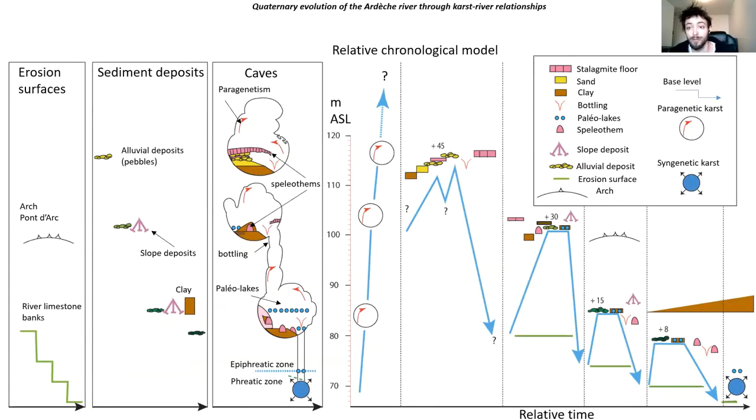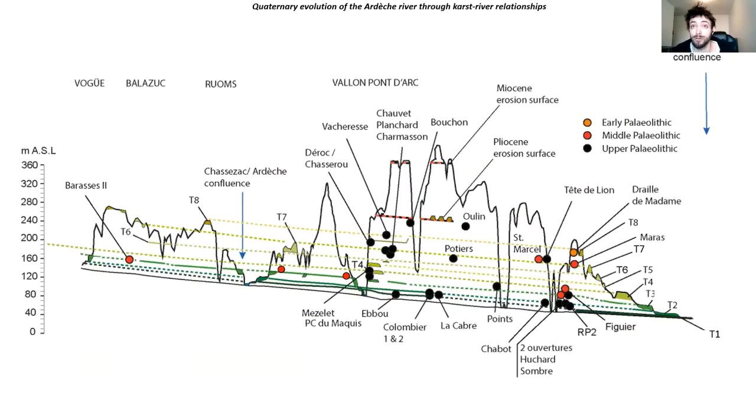This model was extended to the entire middle and lower Ardèche Valley, which helped us to understand that the fluvial deposits were organized parallel to the current river Talweg, at least since the Pliocene erosion surface that was earlier defined in the literature.